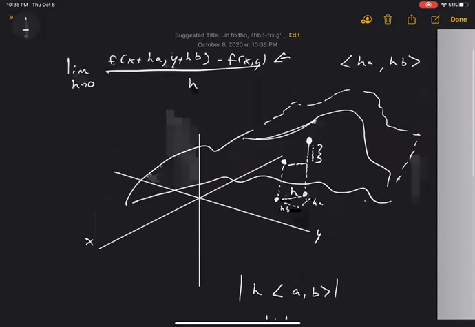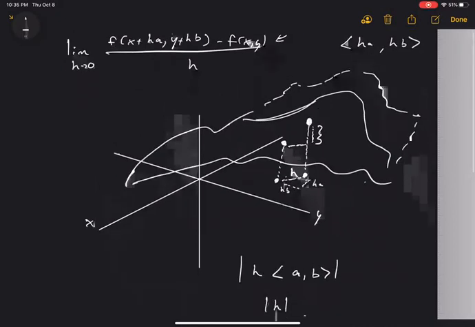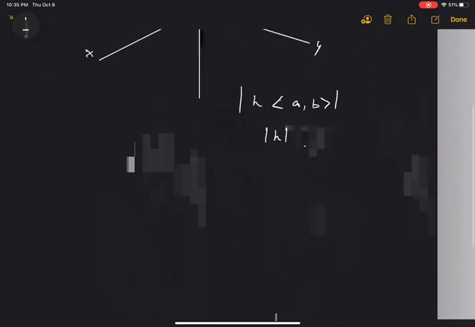So what's going on in this fraction? The difference in the numerator is our change in elevation, our rise, and h is our run, our change in horizontal distance. So we still have rise over run.